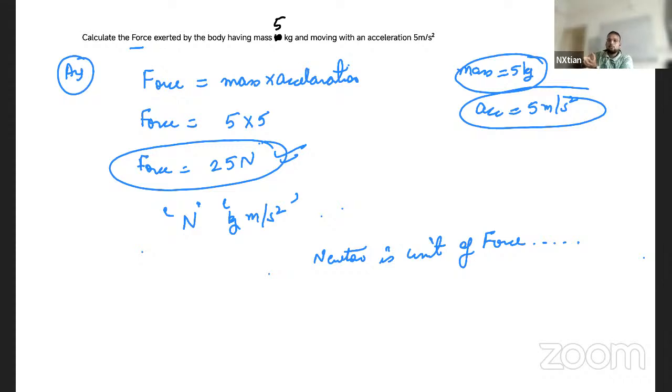When you catch it, the change in momentum should take a longer time, so that the force on your hands will be less. Because if you are changing the momentum over a greater time, then less force will be there on your hand, so your hand will be safe. Otherwise, you will have great damage in your hands. Okay.